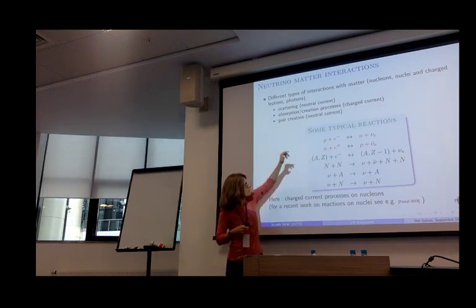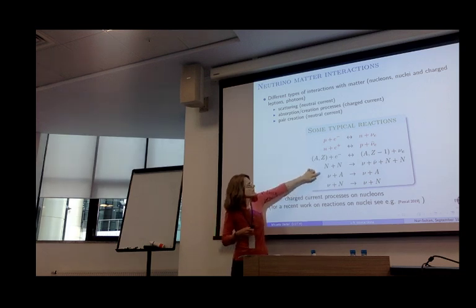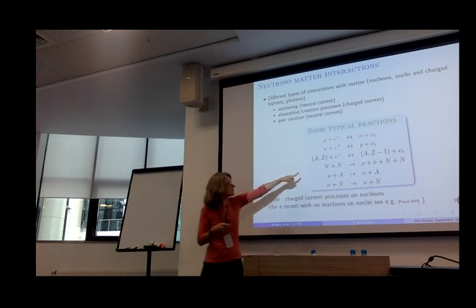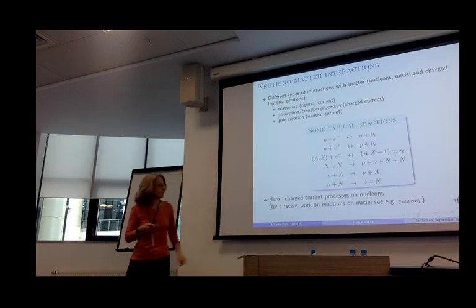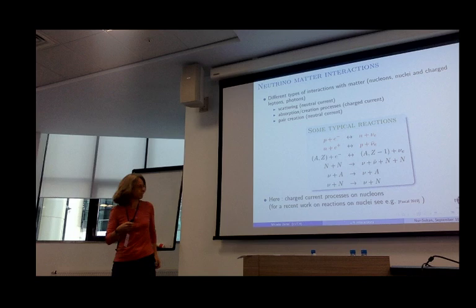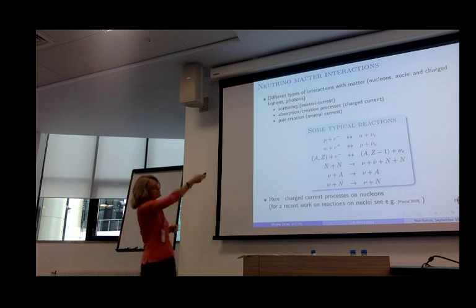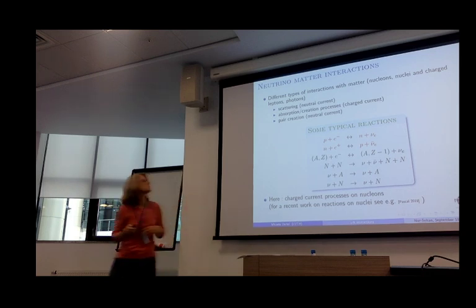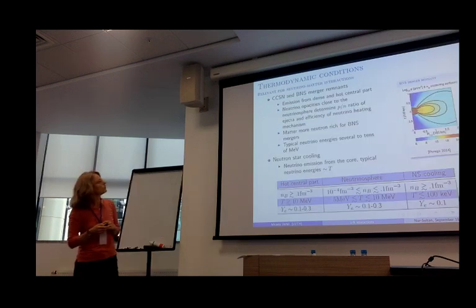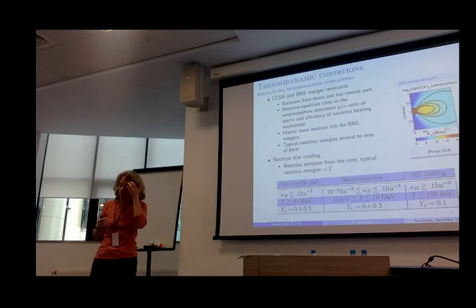Then you can have these type of scattering reactions, and also this type of reaction. So here, what I will concentrate on is the charged current reactions on nucleons. So the two first reactions.